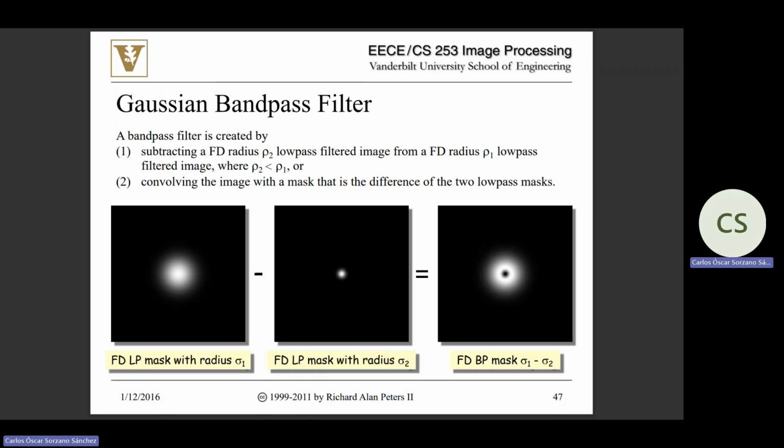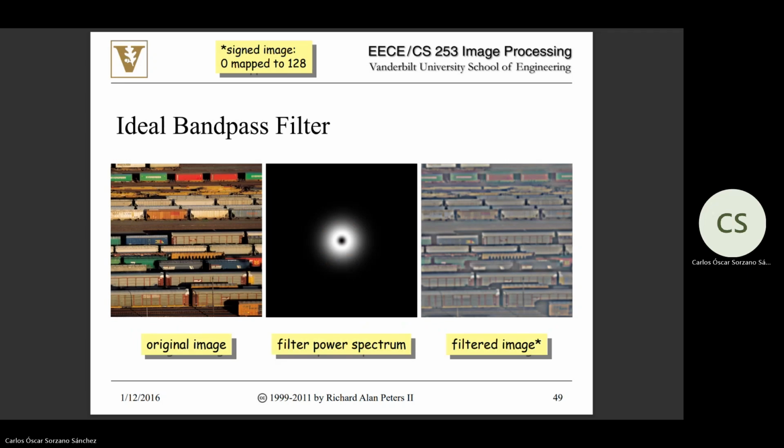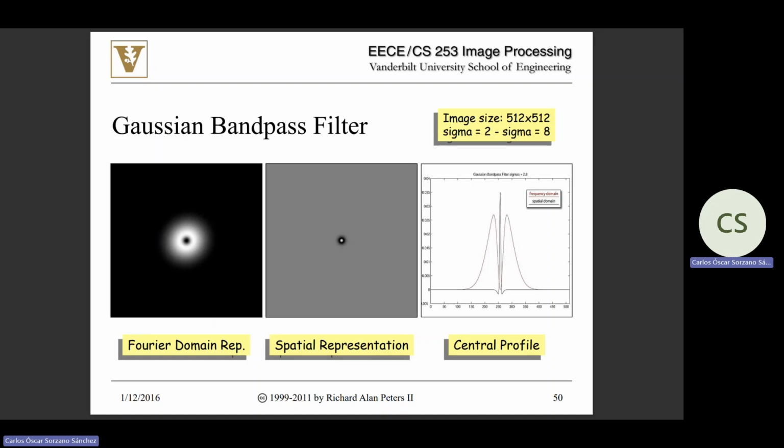So you're convolving with something bigger in real space, and then you are blurring it even more than here. And then you subtract the 2 and you have a band pass. This is the filter power spectrum, and this is the impulse response. The impulse response is a Gaussian minus another Gaussian. And then in the spatial domain, you have kind of a delta with some undershooting.